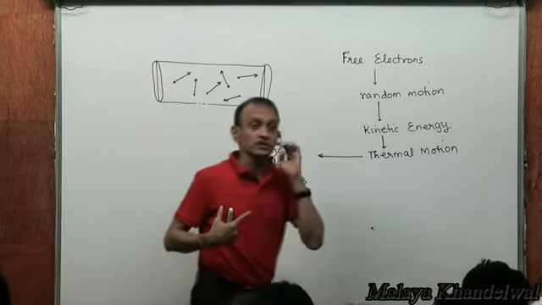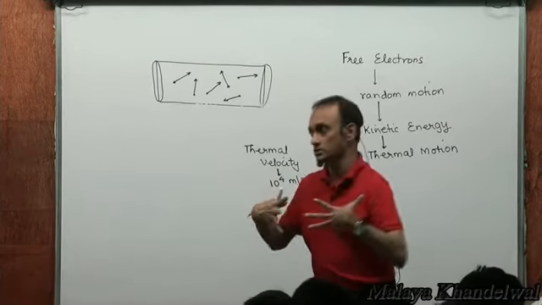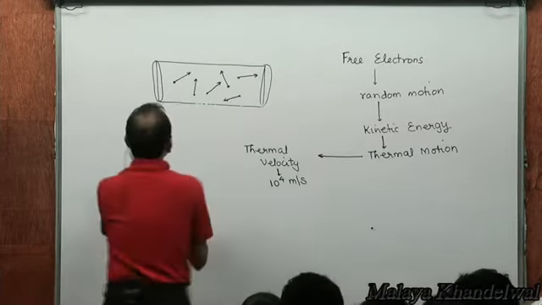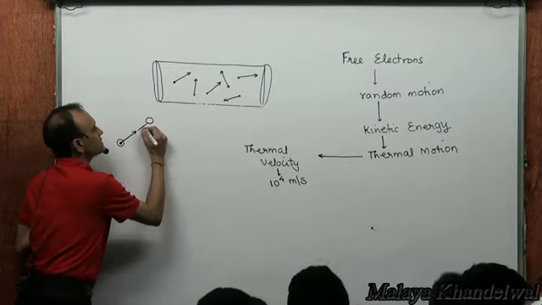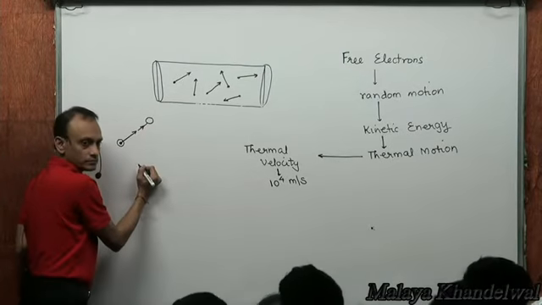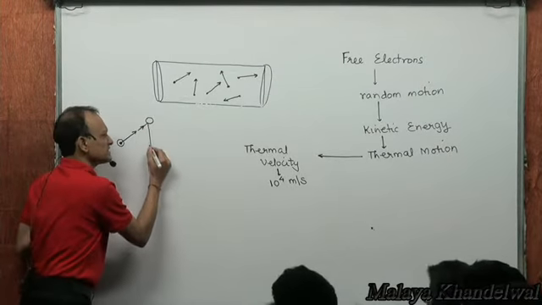Essentially what these free electrons are doing is this: if this is a free electron inside the conducting material, it's moving like this. There is an atom with which it collides. It reflects.